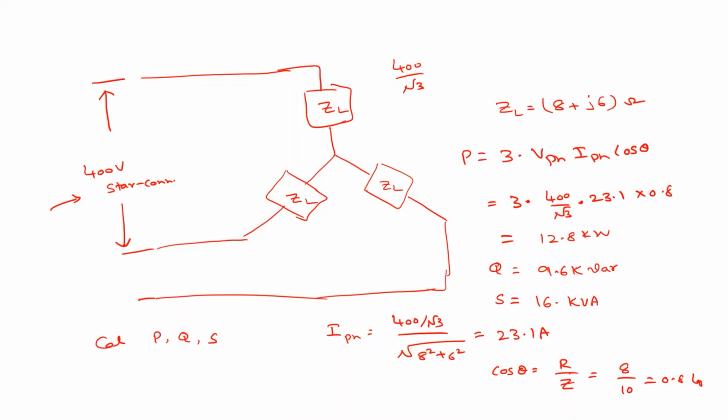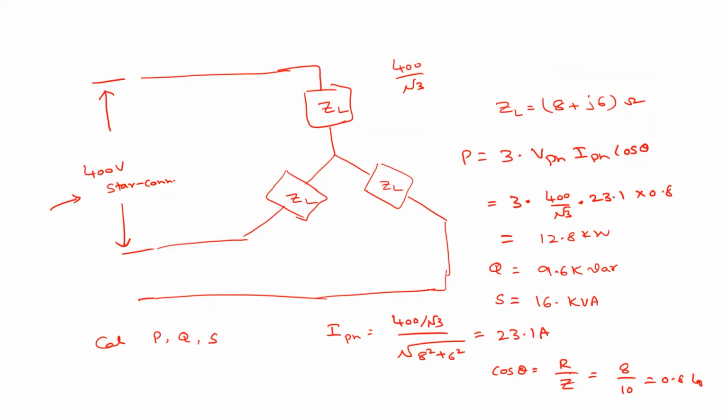Sir, 400 volt is the line voltage, no, sir? What are you trying to say? Sir, I have taken P equal to root 3 into V line, I line, cos theta. 400 volt is V line.